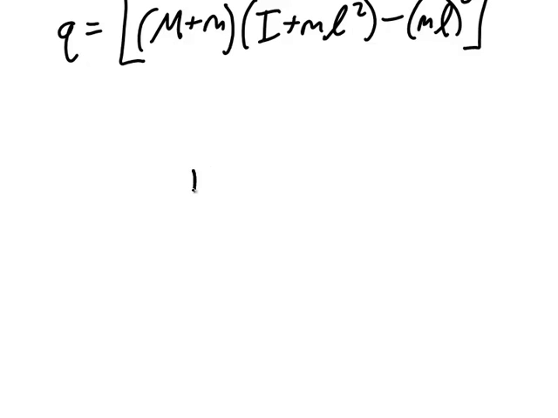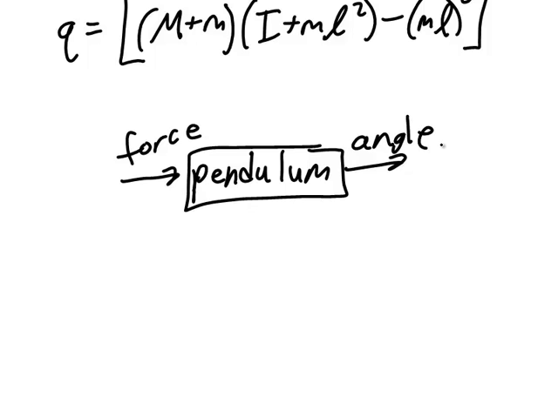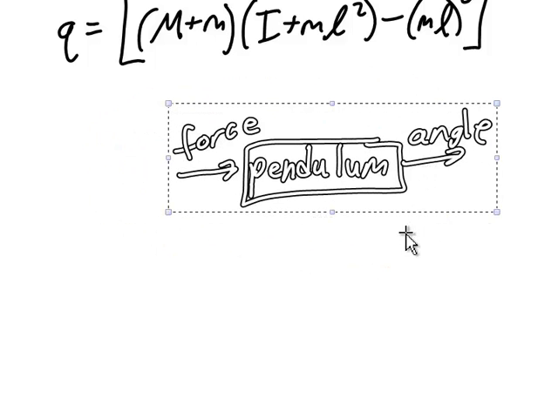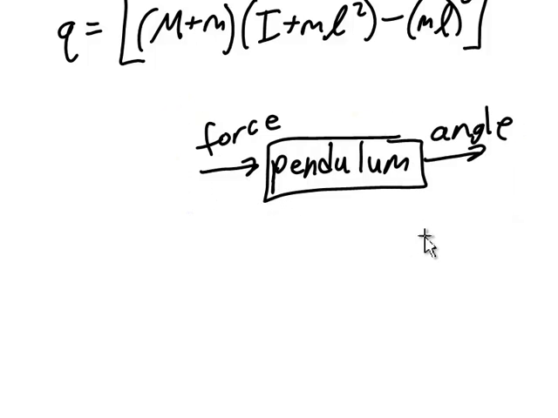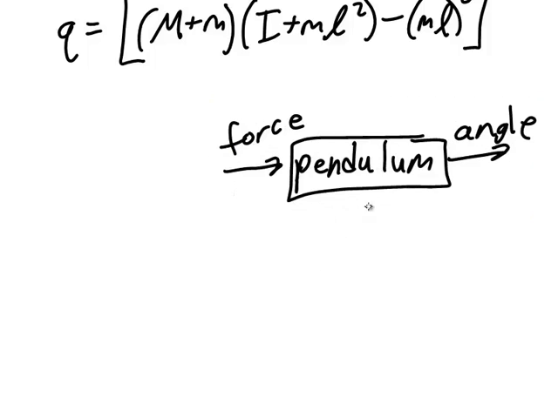So far, we have the pendulum, which is converting a force into an angle. We also have a part of this block diagram that is a motor, and for now, this is the part where we're ignoring its transfer function in order to keep our equations a little bit simpler.